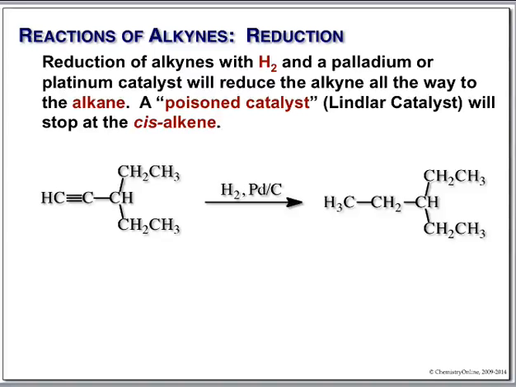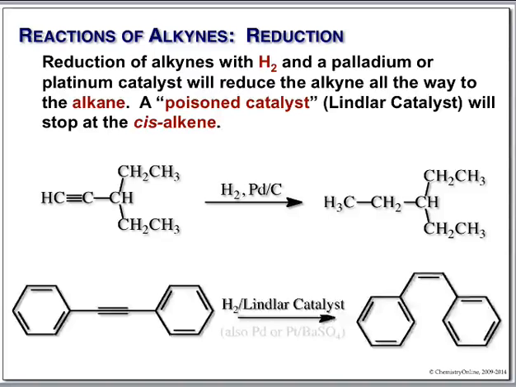There are two ways that we can do this. If we use what's called a poisoned catalyst, which simply means it's a really rotten catalyst, a Lindlar catalyst is what it's called. What you do is, instead of putting your platinum or palladium on carbon, you put it on barium sulfate. A catalytic converter in an automobile can go bad if you burn bad gasoline.